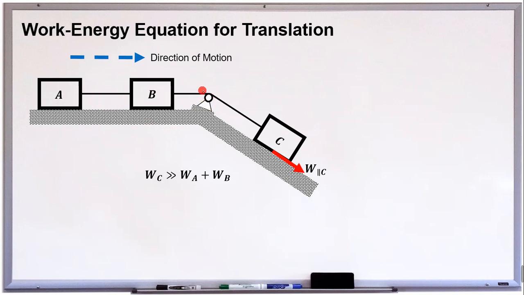We will assume that this pulley is frictionless and weightless. Now, if the weight of block C is greater than the sum of the weights of A and B, most likely block C will pull these two blocks A and B in this direction. So this is the direction of our motion.